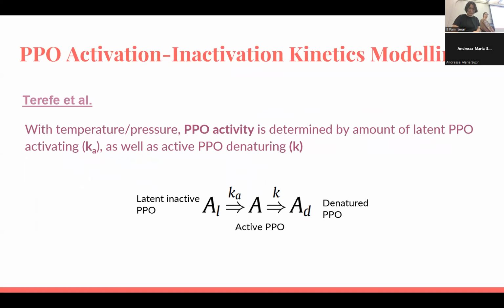And continuing on with some kinetics modeling, honestly, I'm not super sure if I fully understand this, but I'll try my best. The activity is determined by the amount of latent polyphenol oxidase, which is Ka, and the active polyphenol oxidase denaturing, which is K. So K will be used by the authors as a denaturation constant.